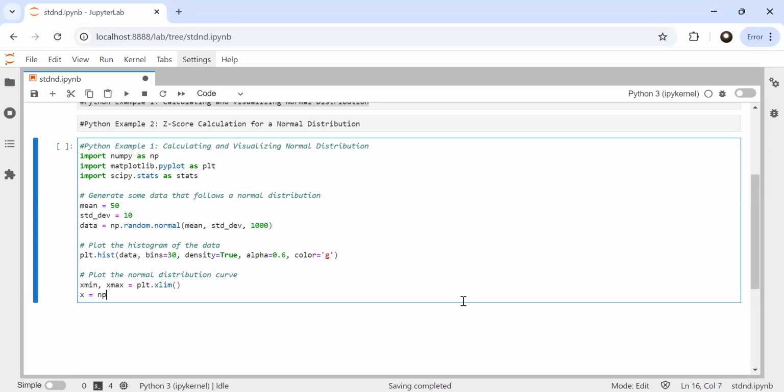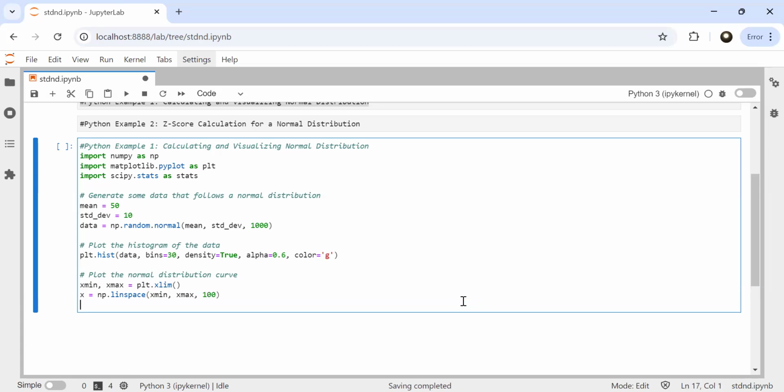Now x equals np.linspace, and we pass x minimum, x maximum, and 100. Then p equals stats.norm.pdf of x, mean, and the standard deviation.